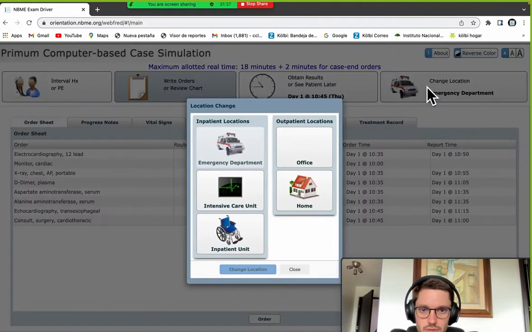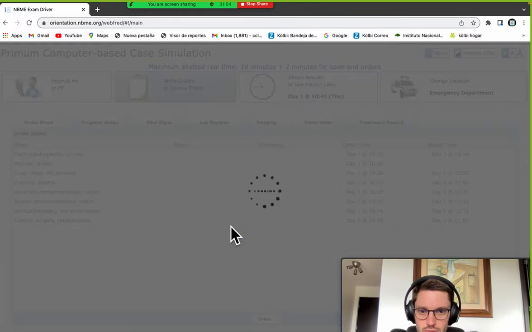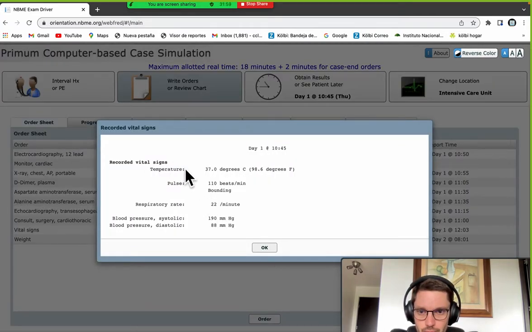And we want to pass this patient off to the ICU. Pulse 110, bounding, respirations 22.